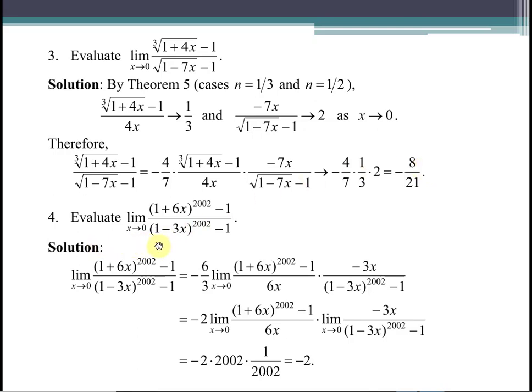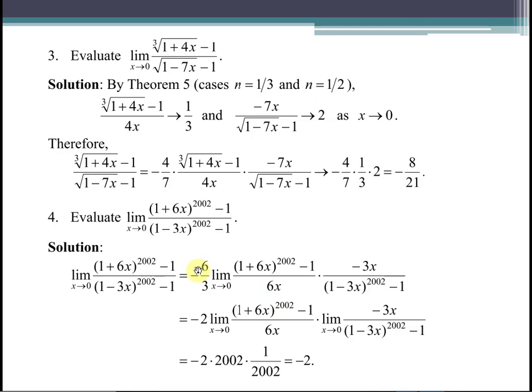Number 4, evaluate the next limit. Here we have the 2000th root in the top and in the bottom also the same. So how do we solve this example? It should be n if you use theorem 5, but here it should be 6x.